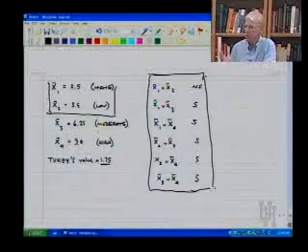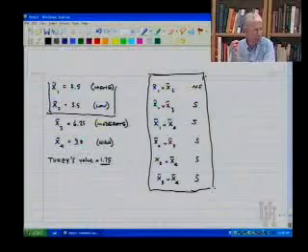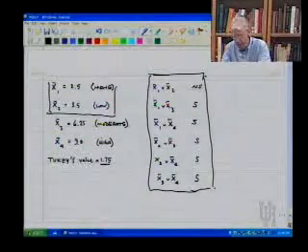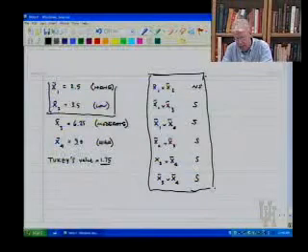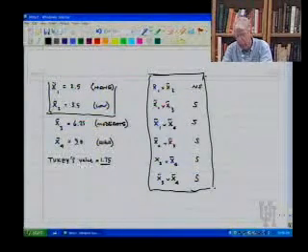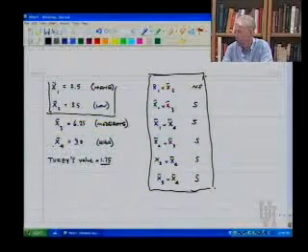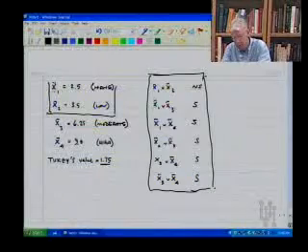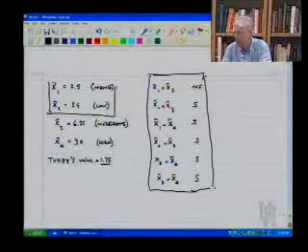However you do, whatever words you use to summarize this effect, you understand that the significant differences are between X bar 3, X bar 4, and X bar 1 and 2, and then between X bar 3 and X bar 4. There is no significant difference between X bar 1 and X bar 2.